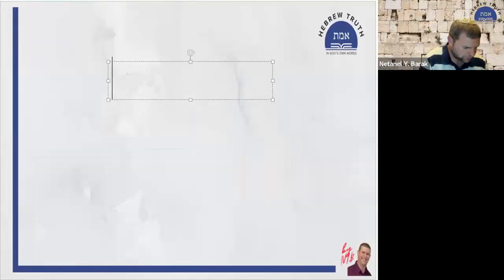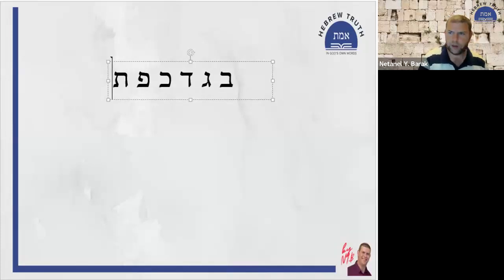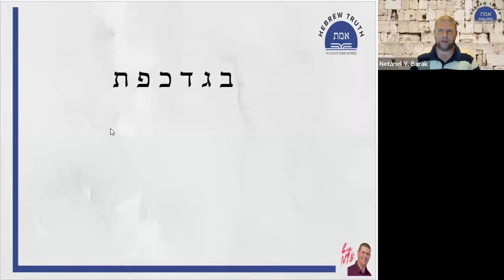These letters are, okay, Bet, Gimel, Dalet, Kaf, Pe, and Tav, sometimes referred to as Beged Kefet or Begad Kafat. Okay, these are the letters where we may find the Dagesh.